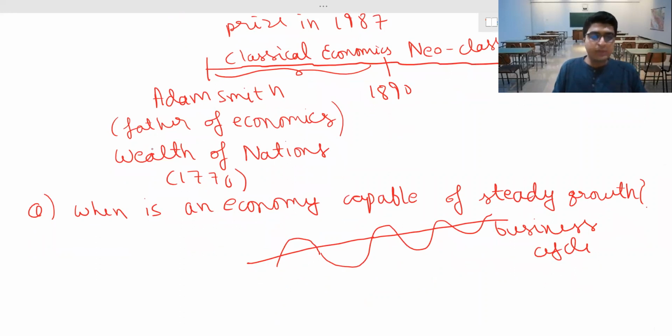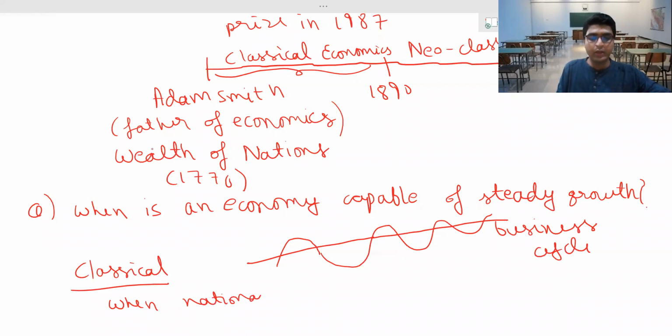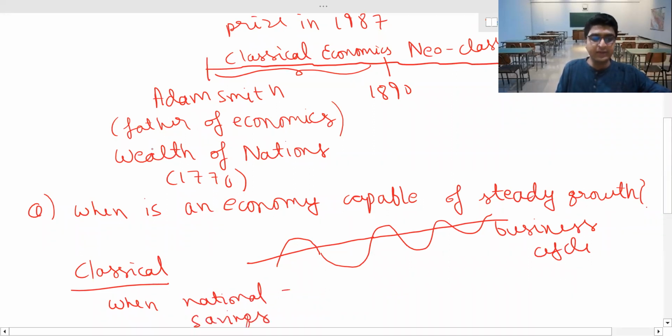So classical economists said, without any proof, okay, without any proof, they said that when national savings is equal to capital output ratio plus rate of growth of labor force.